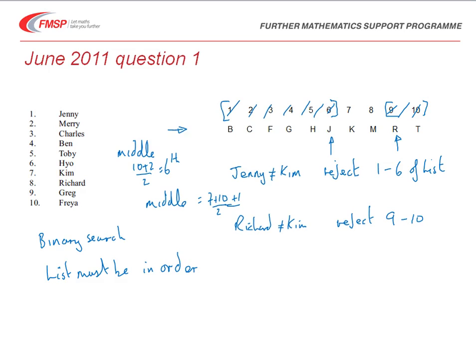Same thing again, we're going to look at our new list of K and M. So we look at the pivot being M, and we can say therefore Mary is not equal to Kim, so reject 8 in the list, which was Mary, to give K. And then selecting K with a list of size 1, we found Kim.